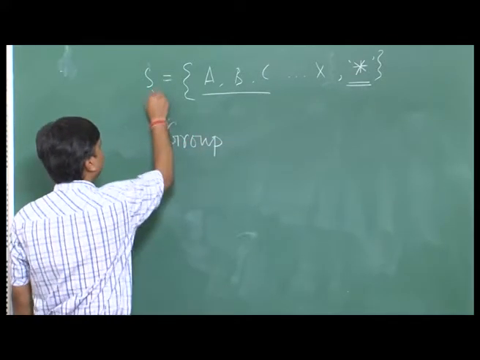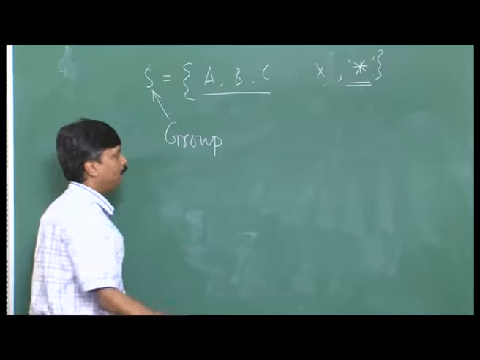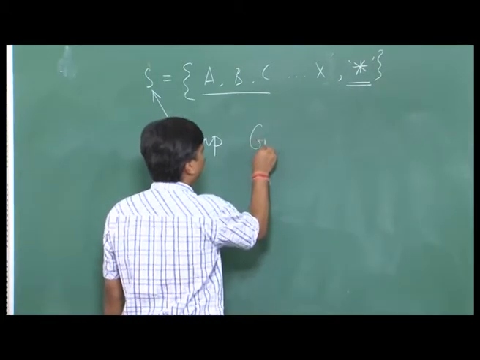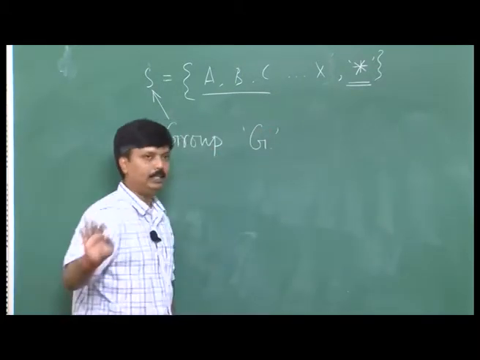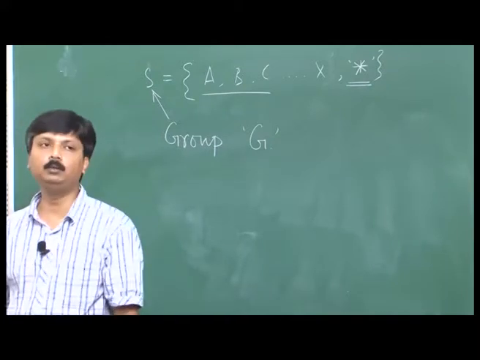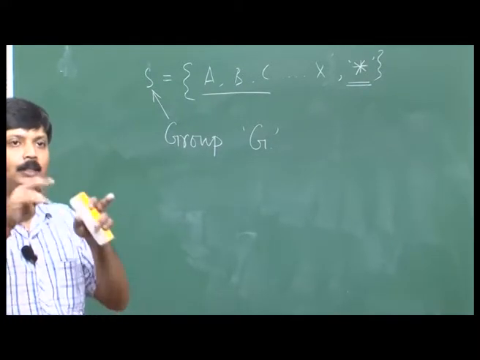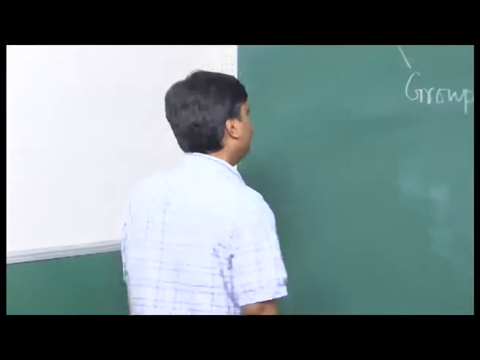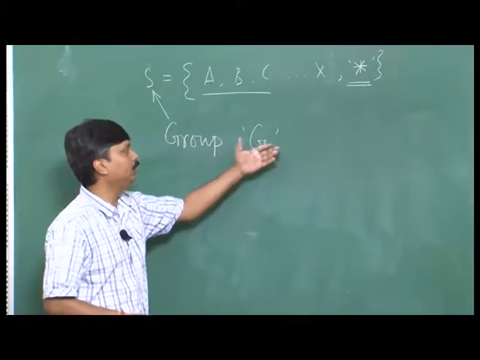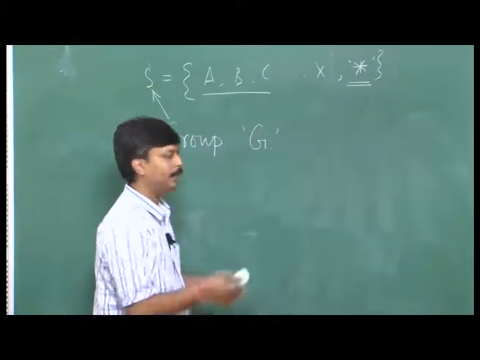So this S will be called a group, and most of the time we give a symbol G. Not necessary, but you will find that mostly we use G because group starts with G. People use G to define a group. So G, and then you write it like a set.